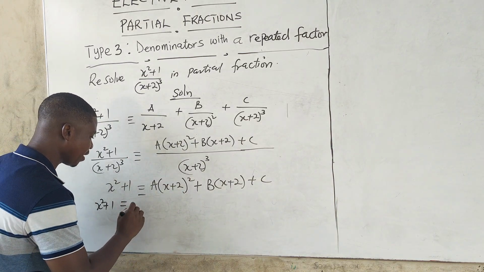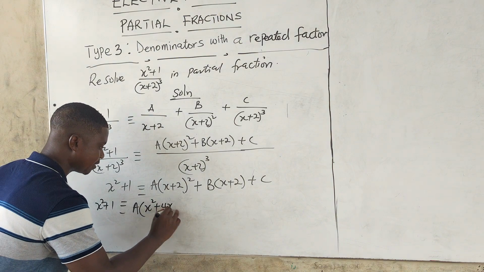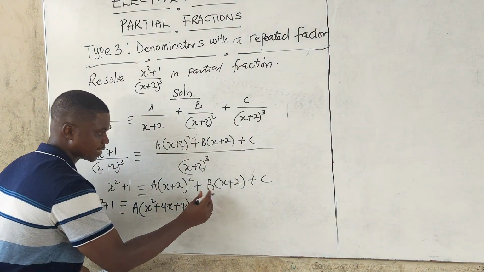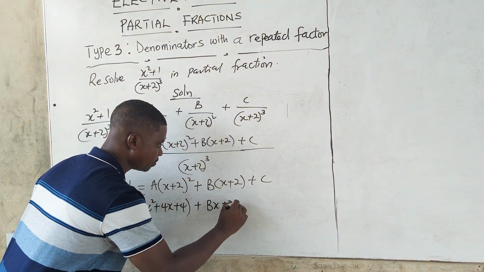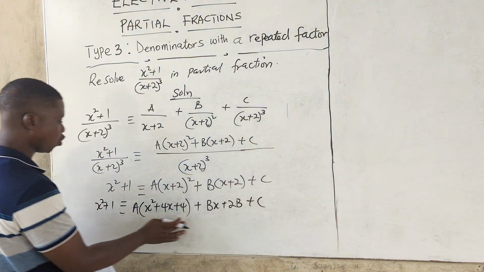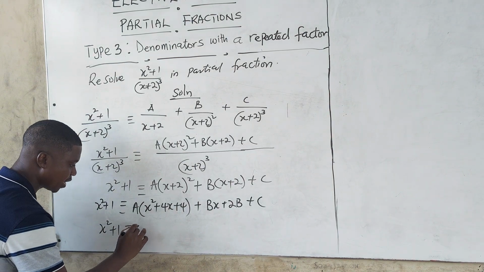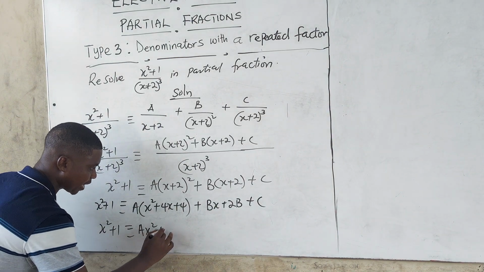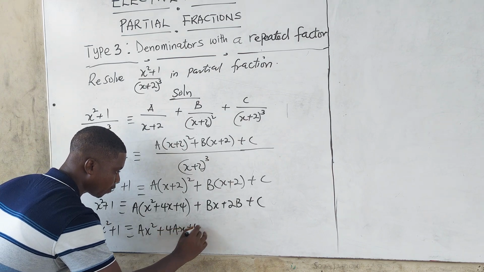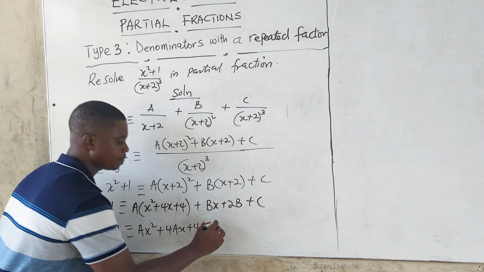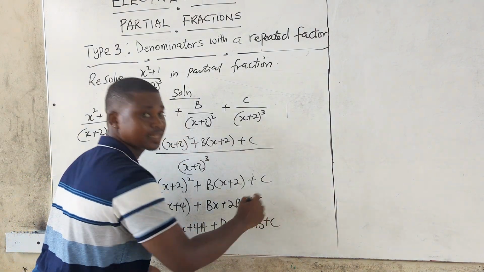So let's say we have a having x squared plus 4x plus 4 plus this one also gives you bx plus 2b plus c. So when you multiply this one, you have x squared plus 1 equivalent to ax squared plus 4ax plus 4a plus bx plus 2b plus c.